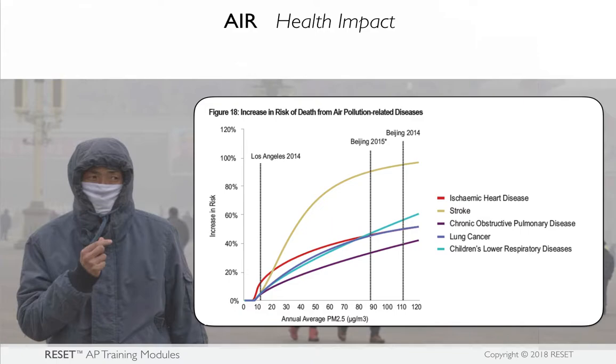So I just want to show this slide because, again, it's talking about risk of death from air pollution related diseases. The World Health Organization has its overlay of morbidity. It uses these 5 different impact categories you see on the side: ischemic heart disease, stroke, chronic obstructive pulmonary disease, lung cancer, and children's lower respiratory disease.